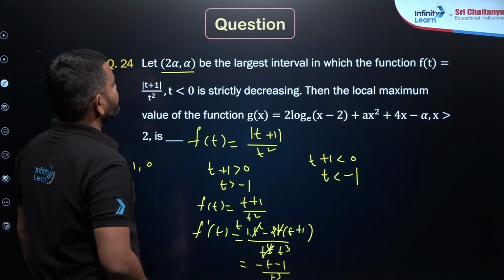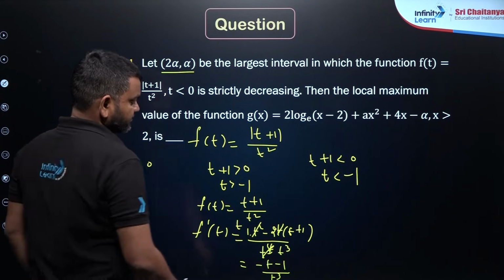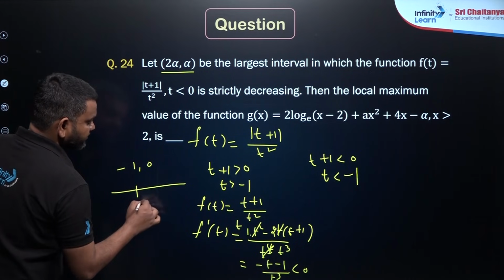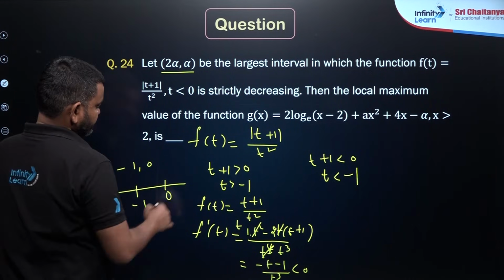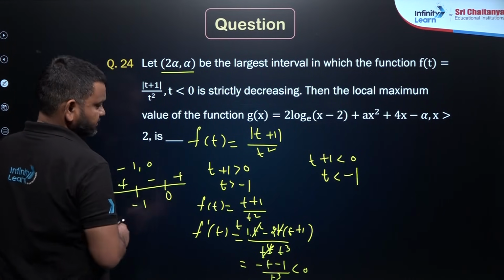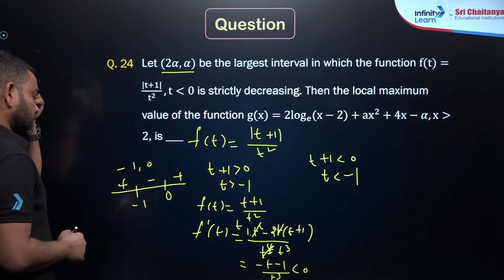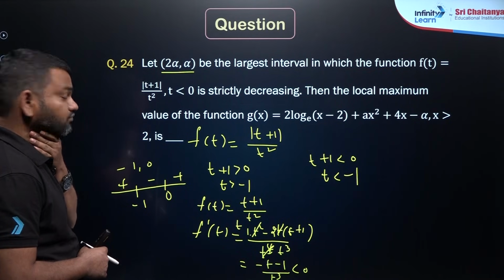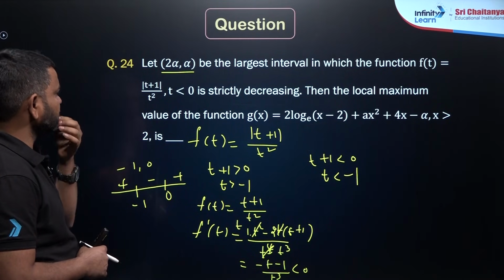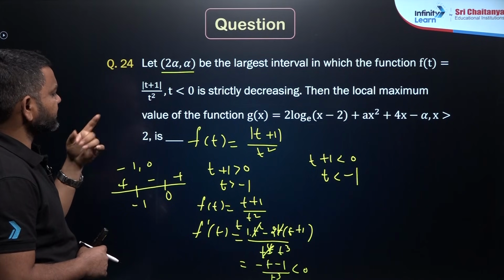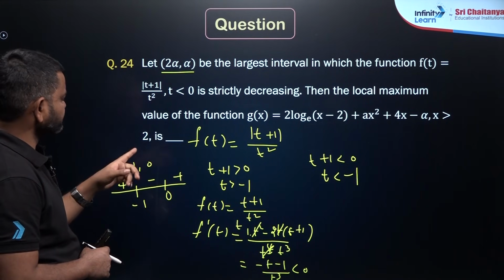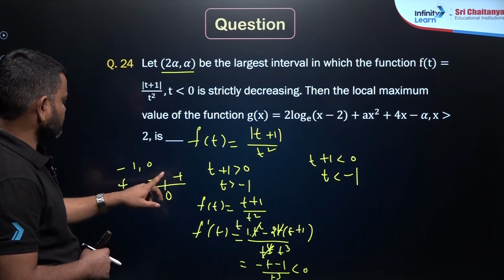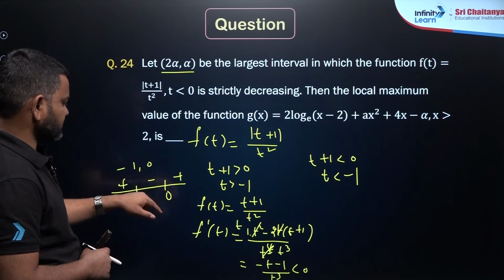What are we looking at? Strictly decreasing. So if I am writing it as lesser than 0, you are getting here minus 1 and 0. Right. So plus minus plus. T minus 1, t plus 1. T is greater than minus 1 and lesser than 0.